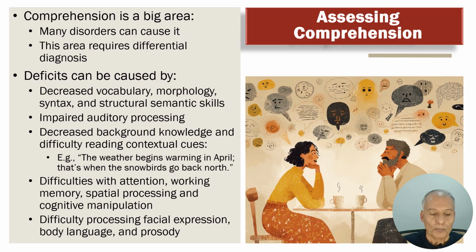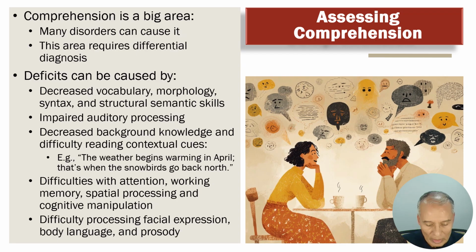In other words, you do your testing and analyze, and you look at the history. If there's attention, if there's working memory impairment, you determine if the person has comprehension skills caused by language factors or by neurocognitive factors or by socioeconomic factors.